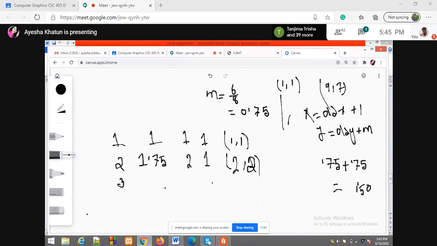So what will we get? 2.5, ma'am. So 2.5, that means we can take 3. So we will get 3. Okay, so like this. So you will just continue with this. Okay, so the rest of the values you will get like this.